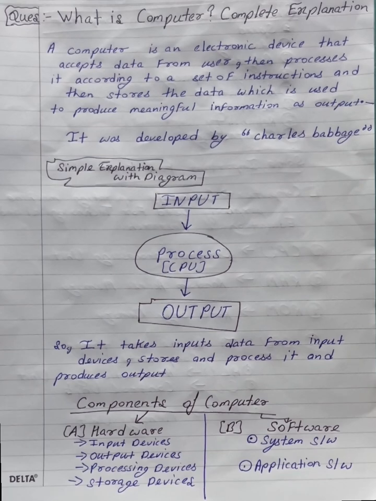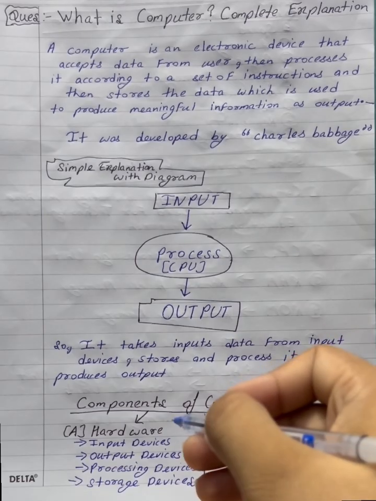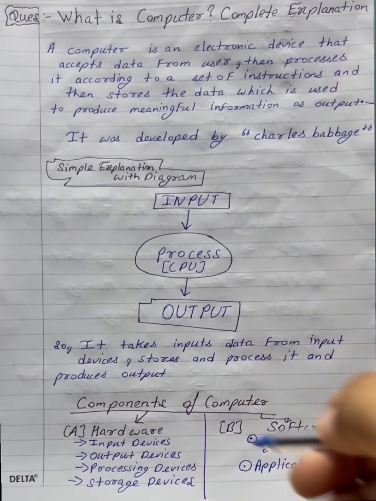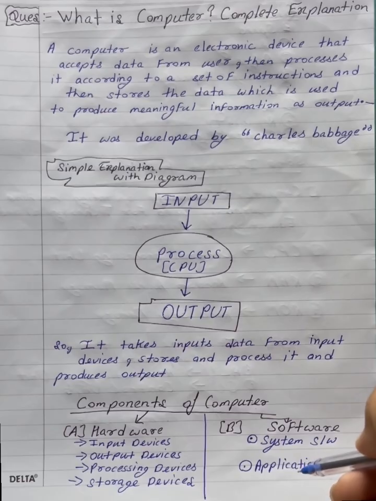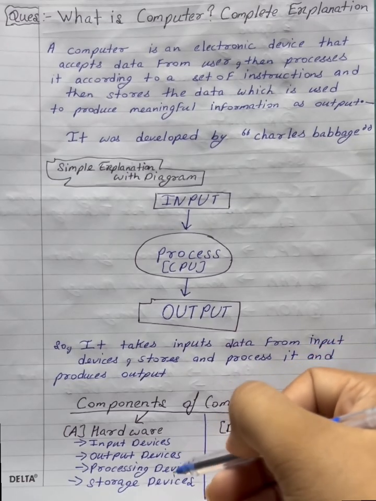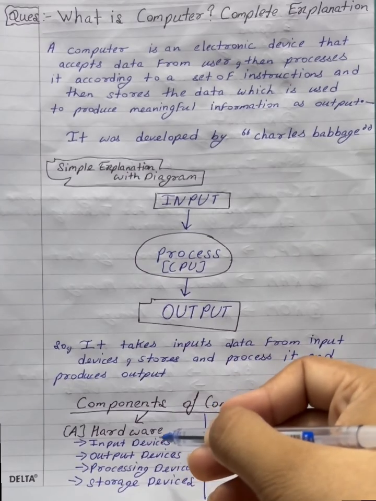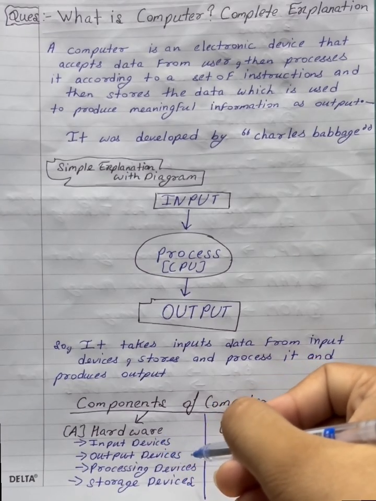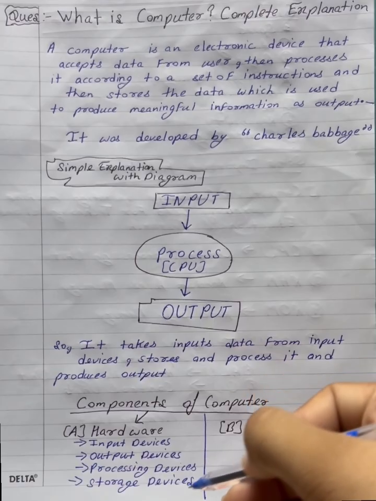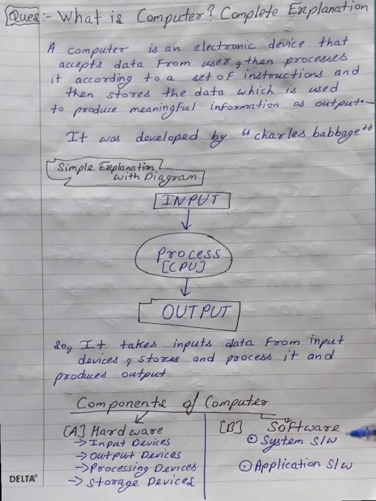A computer system mainly consists of two major components, hardware and software, and they also consist of some parts, or you can say types, such as hardware consists of input devices, output devices, processing devices, storage devices, and software consists of system software, application software, and they are also further classified into different categories.